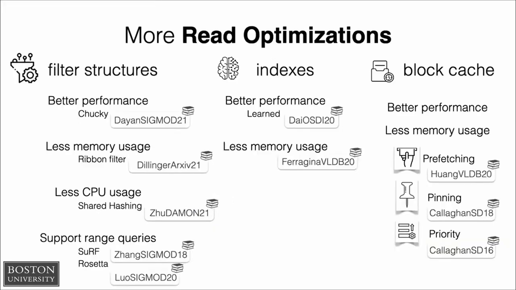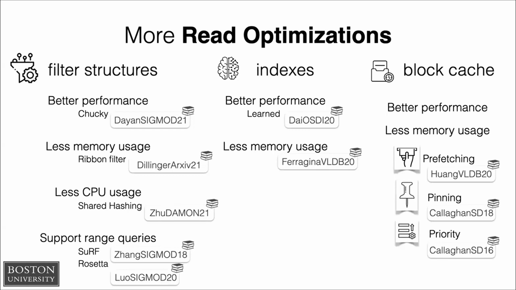There are a lot more optimizations on LSM trees. I list several of them here, and I'll quickly touch upon them. When we're talking about read performance, we can work on making the filters faster. For example, using the cuckoo filter, which has been shown to be faster than Bloom filters in some setups. This is work from SIGMOD last year.